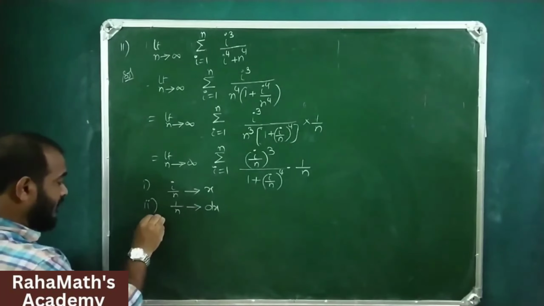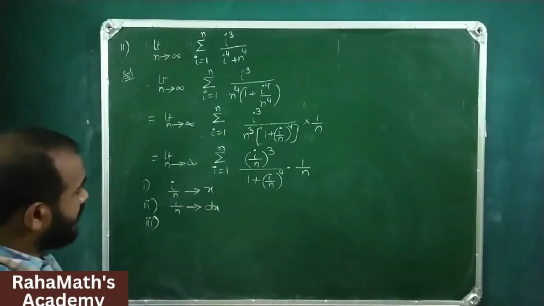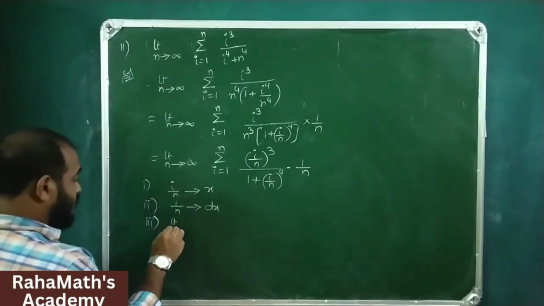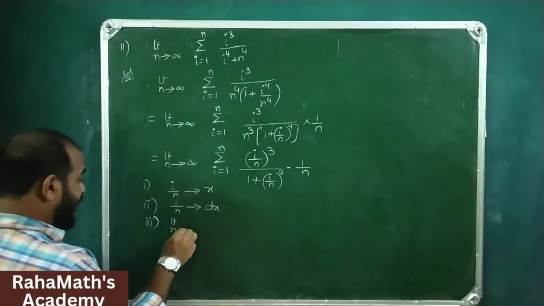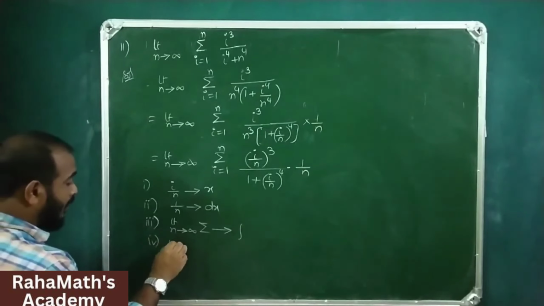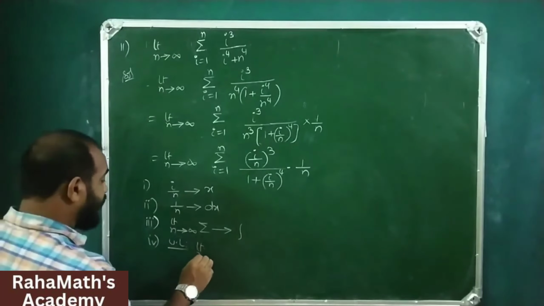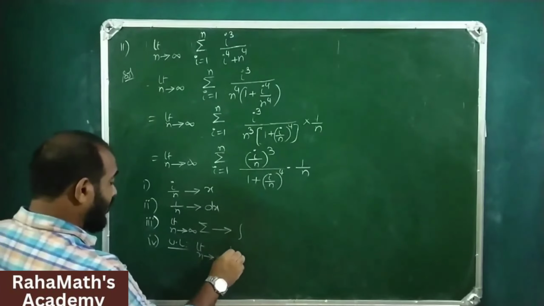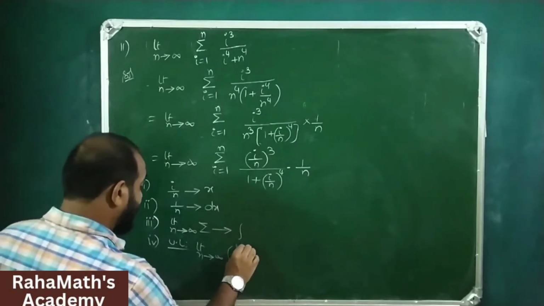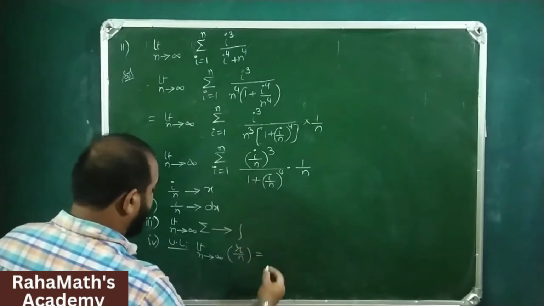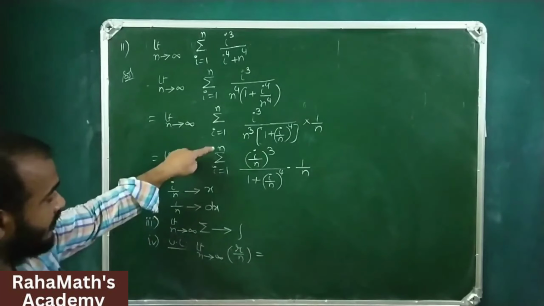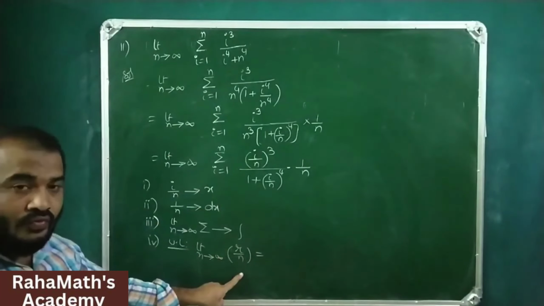Thirdly, the limit as n tends to infinity, sigma has become integration. Fourth, the upper limit is equal to the limit as n tends to infinity of r by n, not r here, i by n. So the upper limit is n, so n by n is 1.